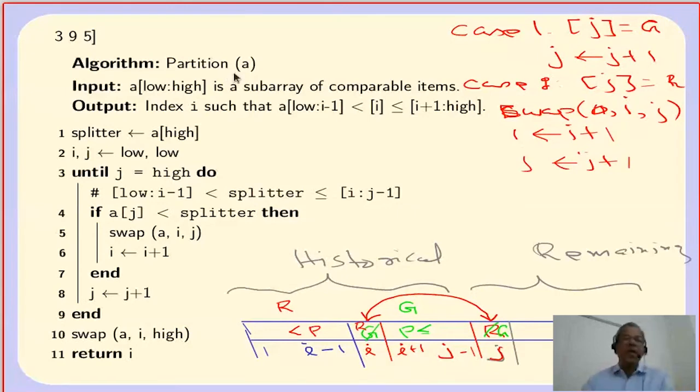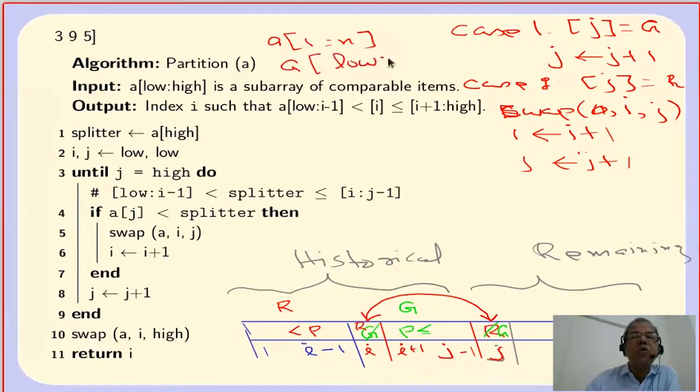Algorithm partition. For want of time, I am just explaining the basic idea. I would like to spend really more time, but time doesn't allow. Partition A. In most of the algorithms, I will not assume A is from 1 to n. Why should I put that restriction? I will always put A from low to high.